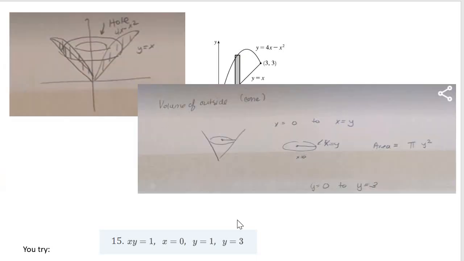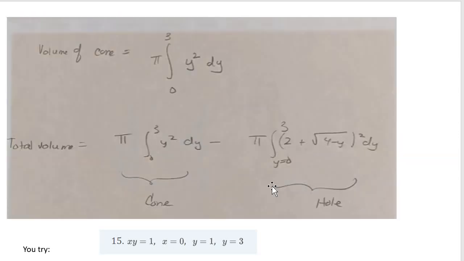The cone on the inside, on the outside, it's going to be straight lines, and that line is y equals x or x equals y, so it's super easy to solve it for y. And the radius is 0 to y, so the area is pi y squared, and my y still goes from 0 to 3. And then the big cone on the outside is this guy. So the volume of the cone minus the volume of the hole is the total volume.